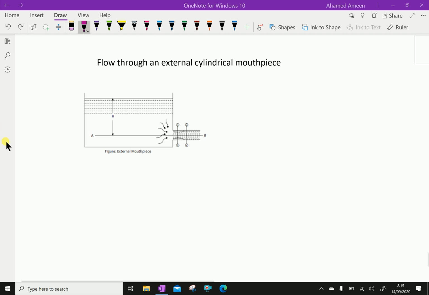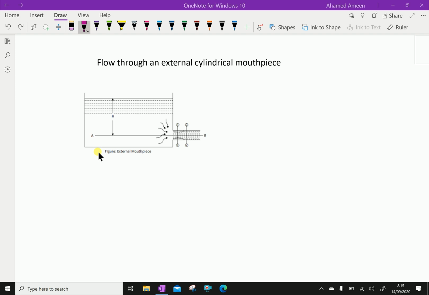A mouthpiece is a short length of pipe, two or three times the diameter of the orifice. If this pipe is fitted externally to the orifice, the mouthpiece is called an external mouthpiece.